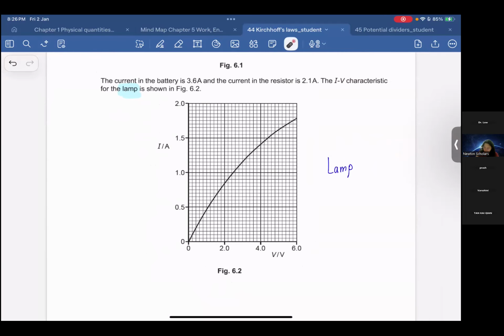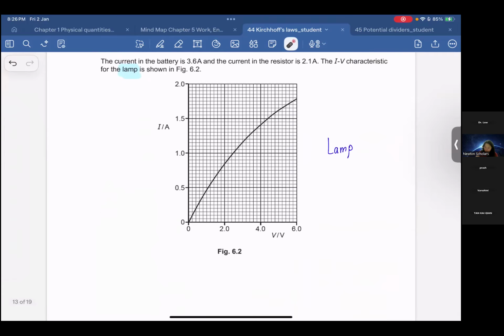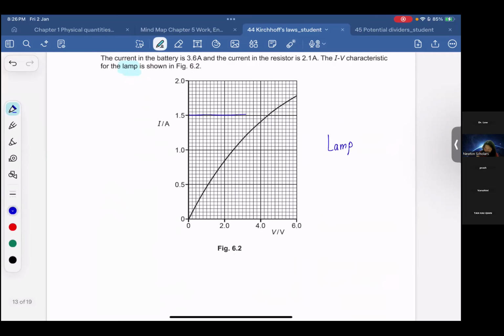Okay, dear. Just now our friends already told us this one is 1.5 ampere. This one is entering the junction, now must go out and split. So 1.5 is 3.6 minus 2.1. From the graph, 1.5 come here and then go down. This is 4.4. Be careful, here is 4 to 6, so in between is 5.0.